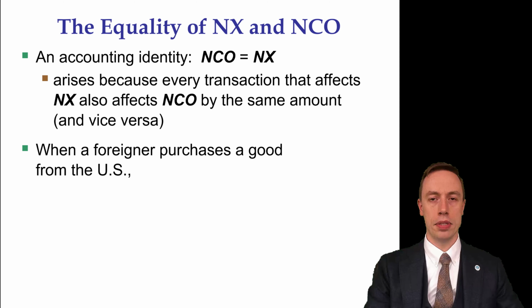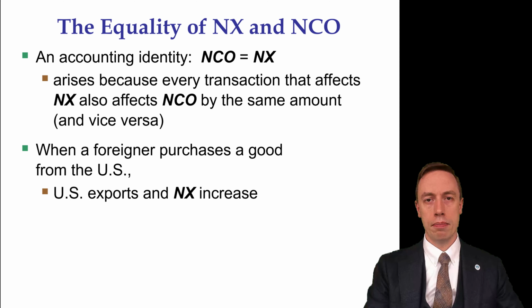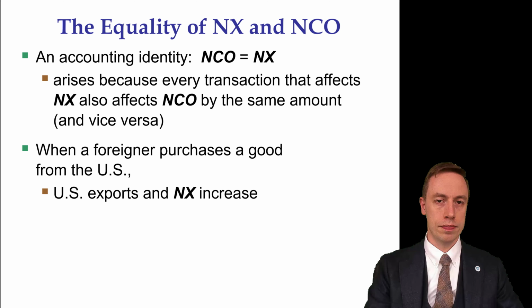So let's, for example, say that a foreigner buys a US good. For example, a French resident buys a US-made combine harvester. This transaction makes US net exports increase by the purchase price of that harvester. But what's the impact on net capital outflow?